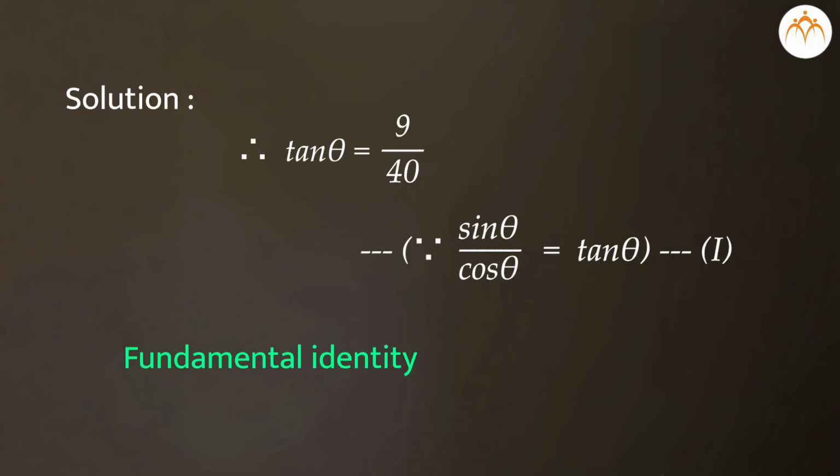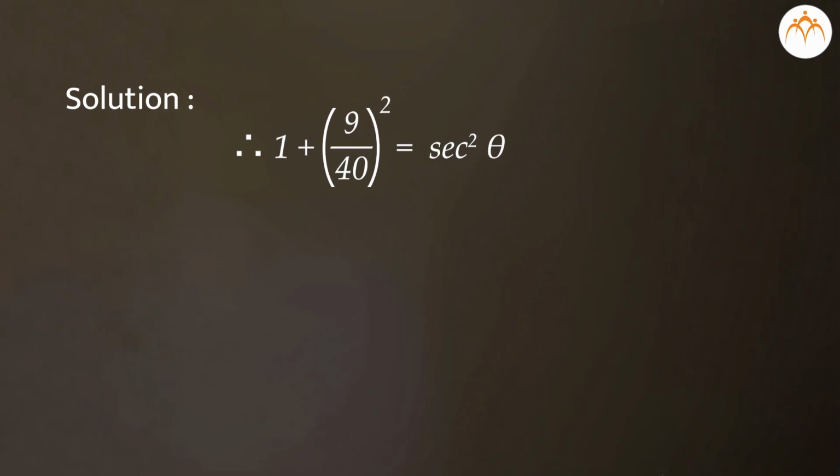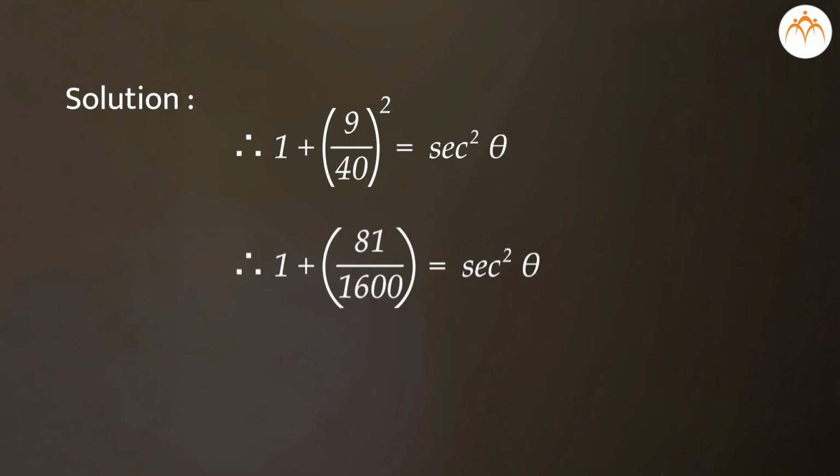We have the fundamental identity 1 plus tan square theta is equal to sec square theta. Therefore, 1 plus (9 upon 40) square is equal to sec square theta. Therefore, 1 plus 81 upon 1600 is equal to sec square theta.